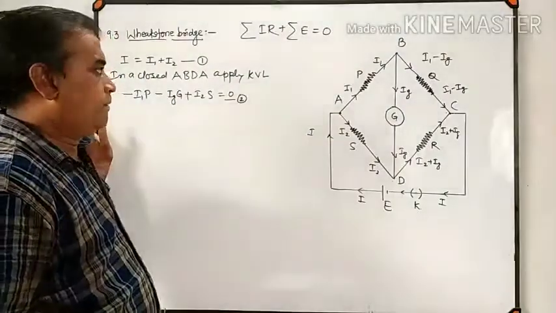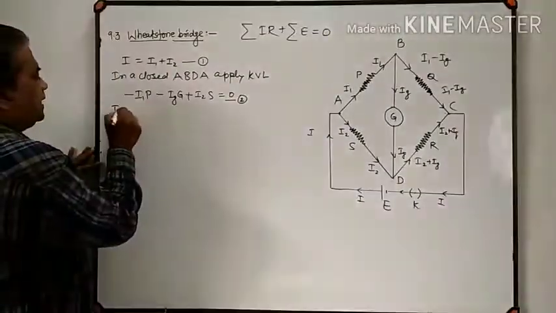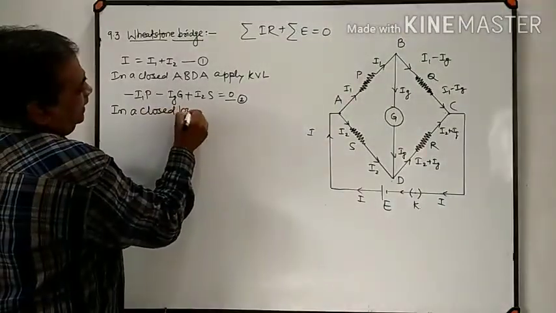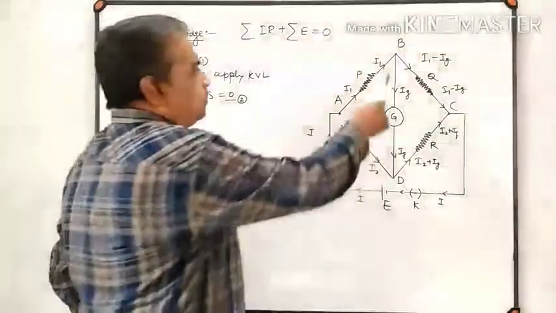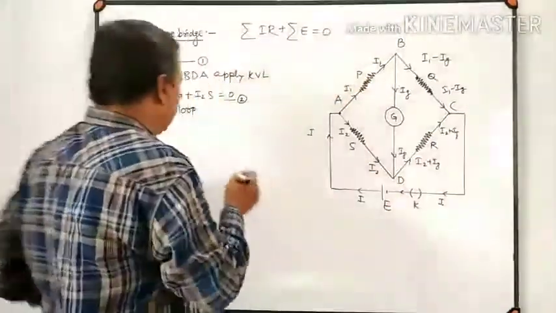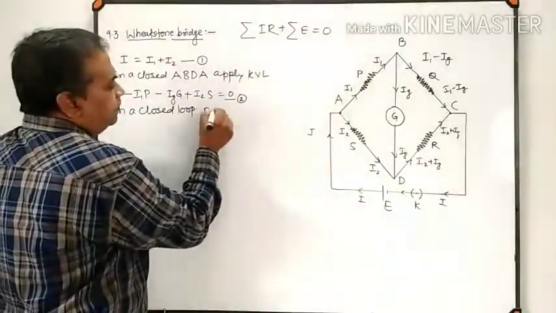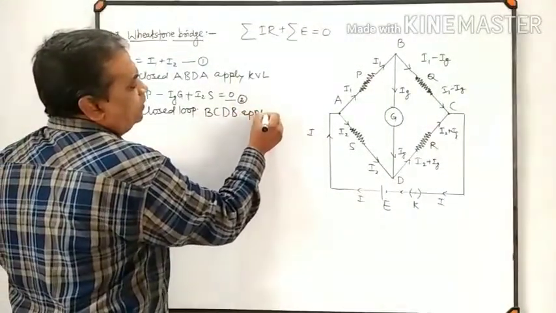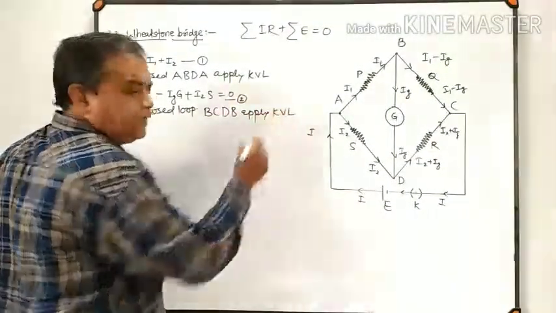Again, we can consider one more closed loop, the closed loop B, C, D, B. Apply Kirchhoff's voltage law, KVL.